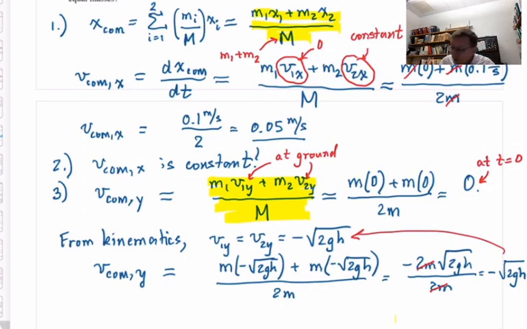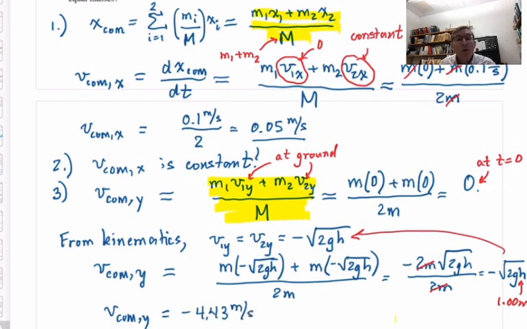Now, you can plug in the numbers if you want, and we could do that. VCOM y component. Remember, h is 1 meter. Got to convert it to meters. G, of course, is 9.8. Multiply those out, multiply by 2, take square root, put in a negative sign. You get negative 4.43 meters per second.